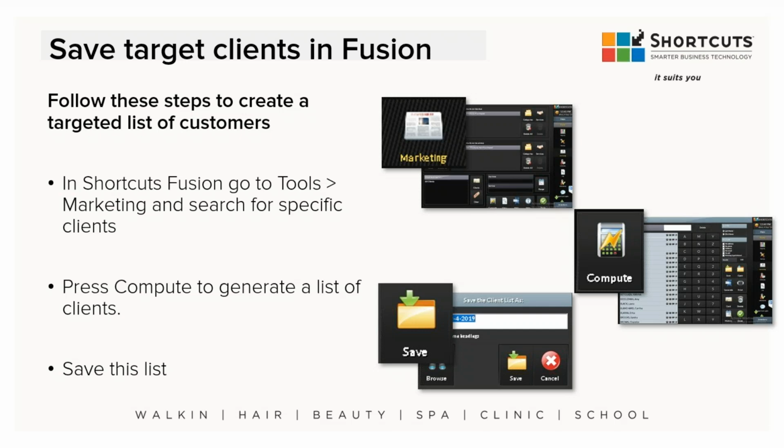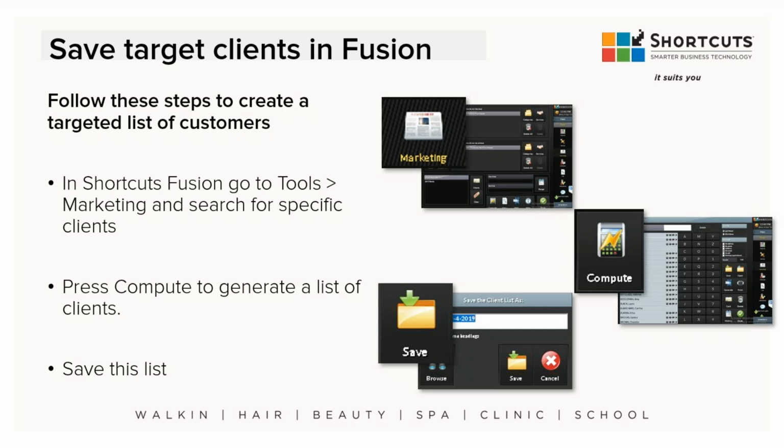But if you have a very specific list of clients, perhaps clients that had a preferred employee, and perhaps this employee is moving on, they're going back to school or they're moving out of state, and you need to reach all of those preferred clients and let them know, let's have you schedule with one of our other stylists because your favorite employee is unfortunately moving. So you can generate a targeted list.